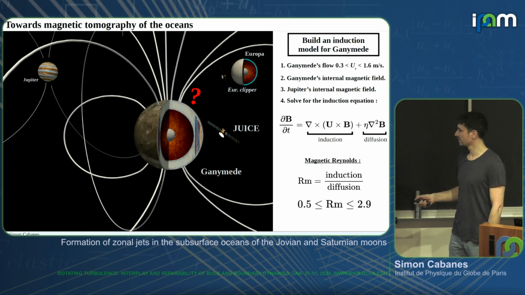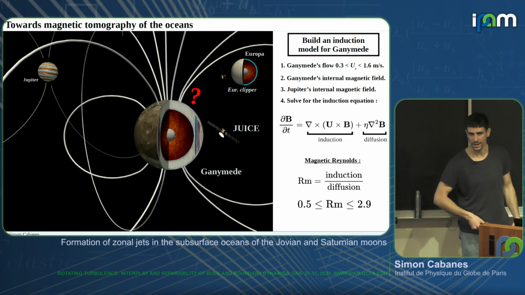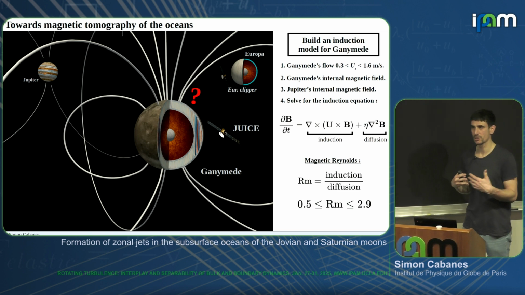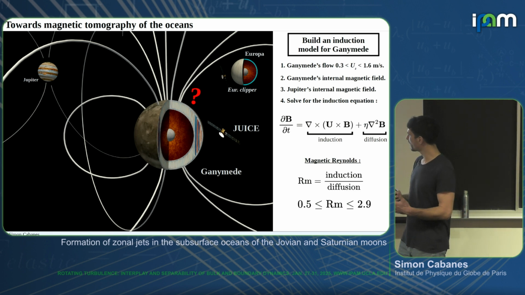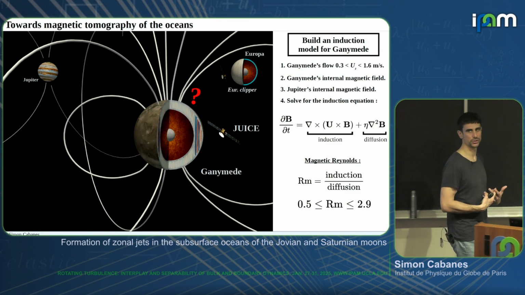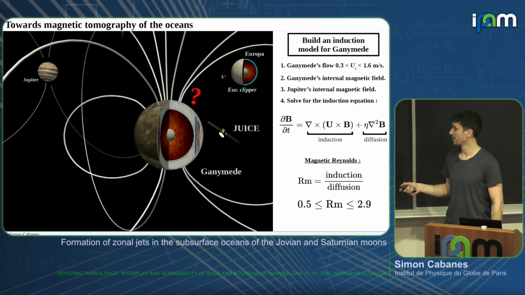And if you estimate it, it's about 0.5 to 2.9. So there is a possibility that there is some magnetic production because it's around unity. You can expect that maybe there is some magnetic production from this flow. I mean, that's sure there is, but maybe we will be able to detect that.